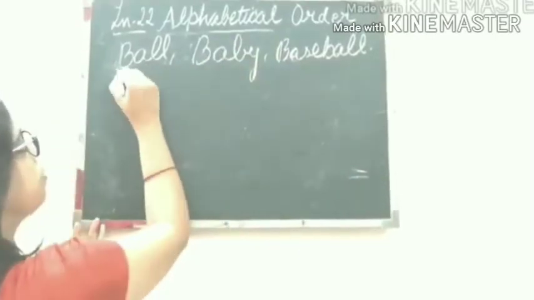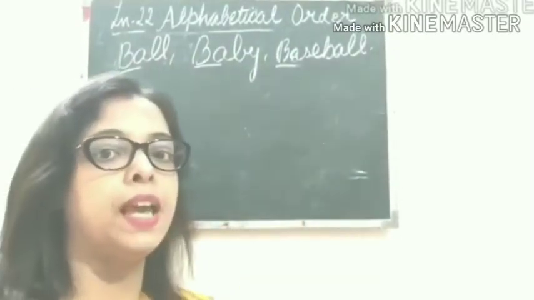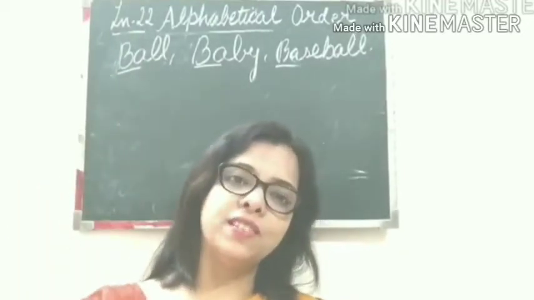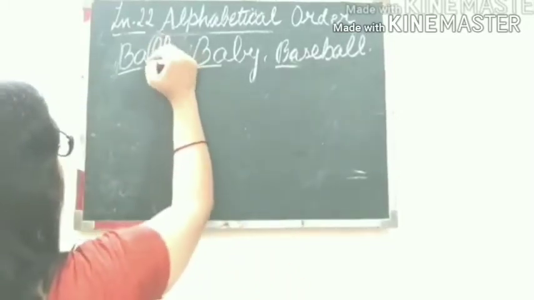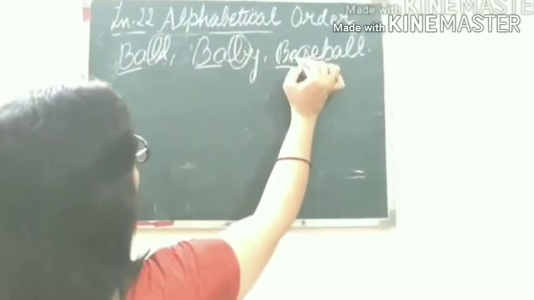Now you see here the first two letters are the same in all the words, B, A, B, A, B, A. Now what will we do? We will see the third letter. So what is the third letter here? L, here B, and here S.